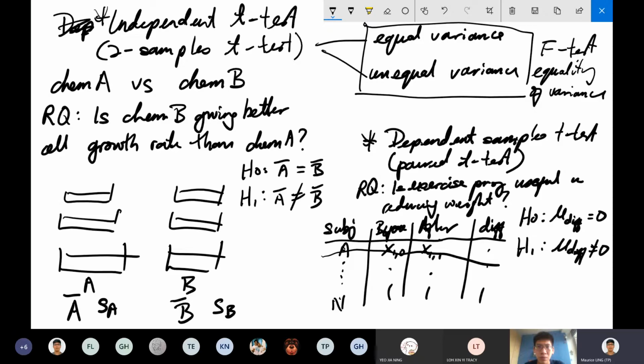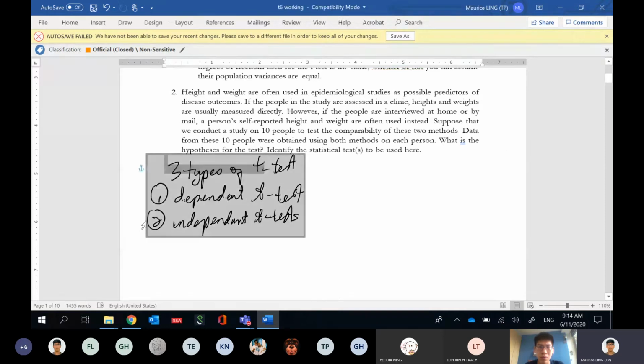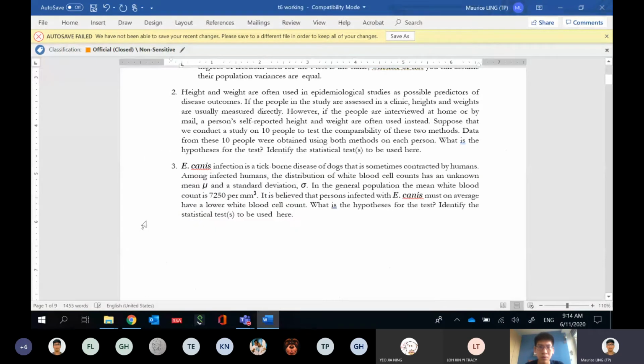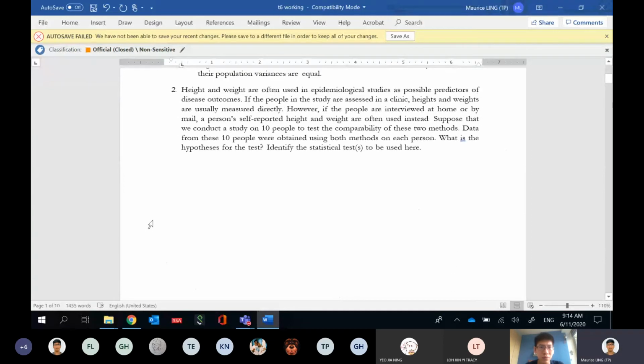So having said that, let's get back to the situation here. Okay, Jianing, let's try again. What is the test that you should use here? T-test for dependent. So it's paired t-test. Is it called paired t-test? Yeah.